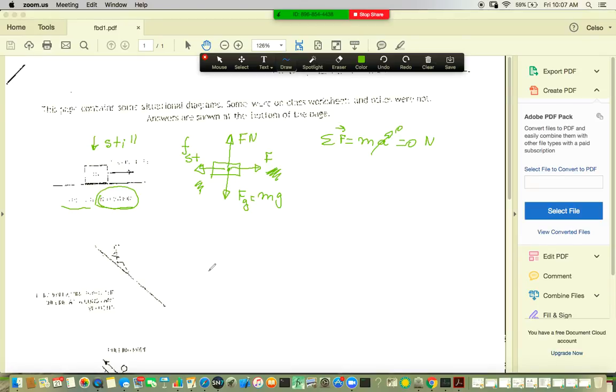Number two, you have a slide. There is friction moving down the incline, constant velocity, the same situation. Net force must be equal to zero. So what are the forces on this person?